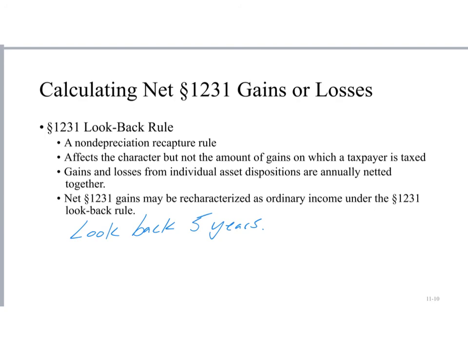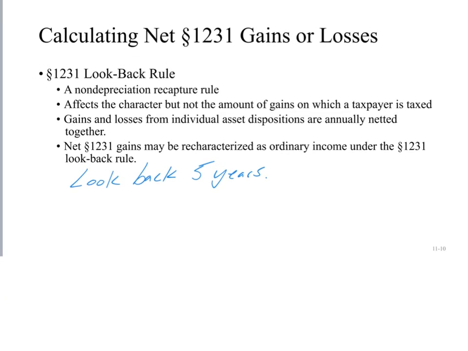If in the last 5 years you've deducted Section 1231 losses as ordinary, then any of your Section 1231 gains that you would like to recognize are recaptured as ordinary.